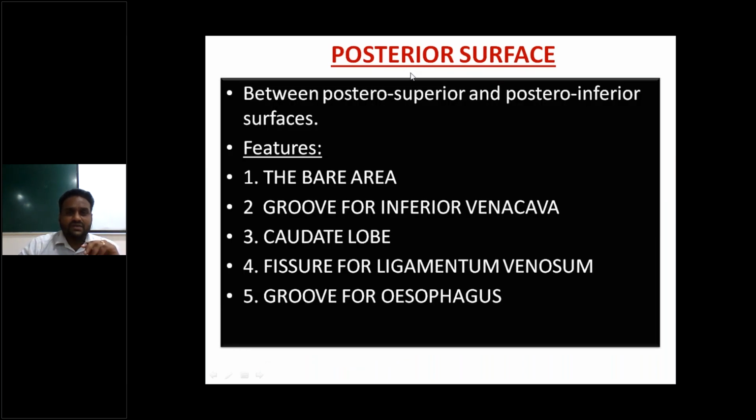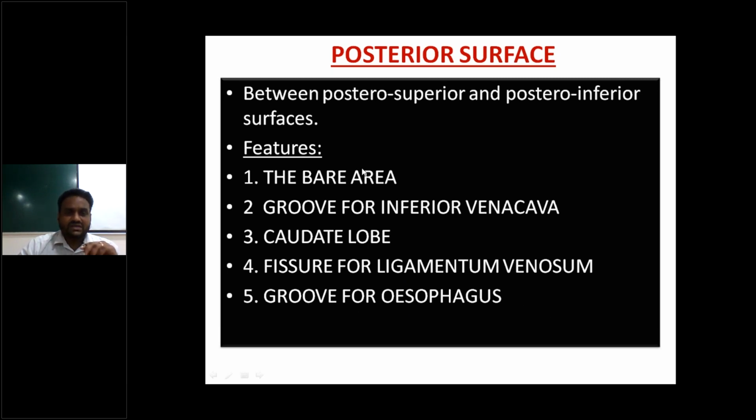Now we come to the posterior surface. It is present between the posterior superior and posterior inferior borders. This posterior surface presents the following features: the bare area of the liver, groove for the inferior vena cava, caudate lobe, fissure for ligamentum venosum, and groove for esophagus.